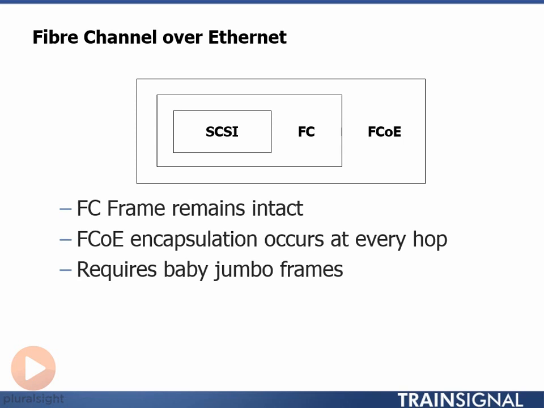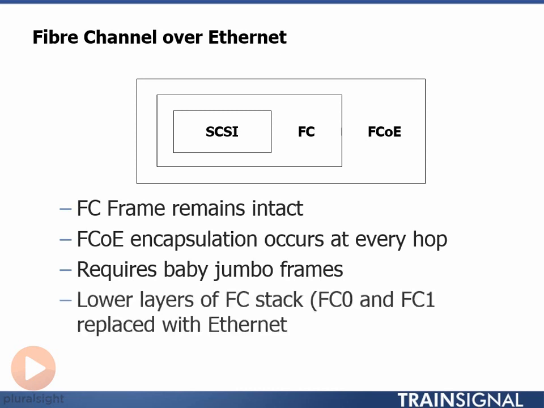Performance would suffer if each Fibre Channel frame had to be fragmented and delivered by multiple Ethernet or FCOE frames. So, as far as Fibre Channel is concerned, this converging of networks effectively replaces the two lowest layers of the Fibre Channel stack with Ethernet. That's the FC0 and FC1 layers that are responsible for things like physical cabling and link layer signaling.